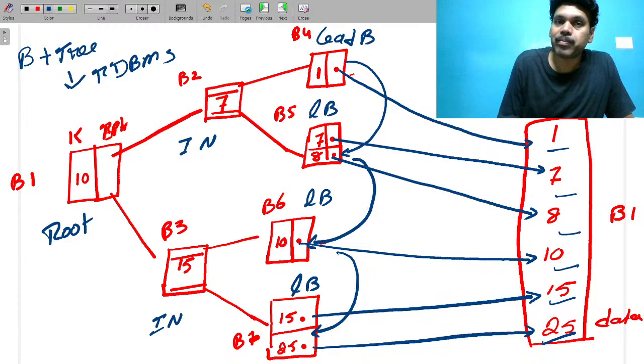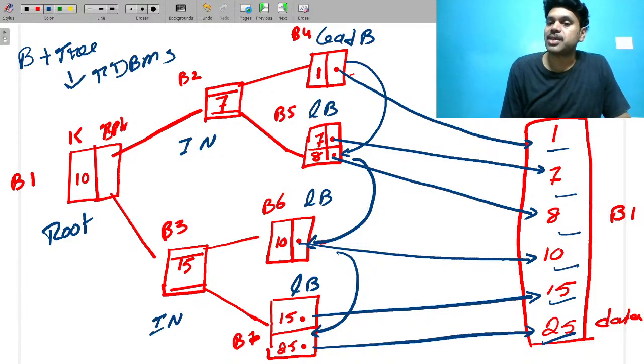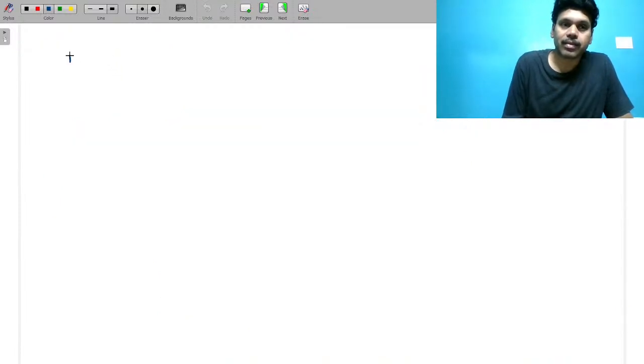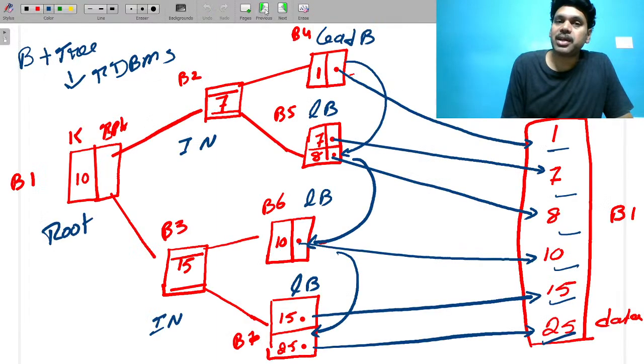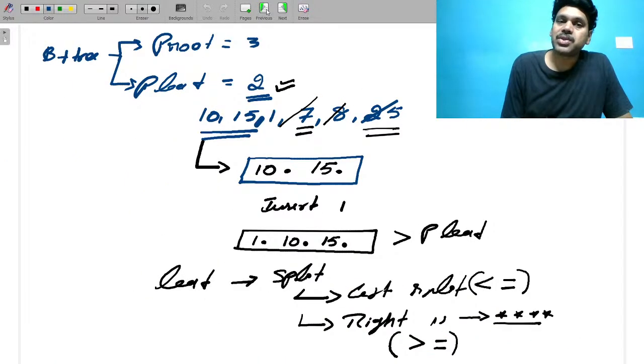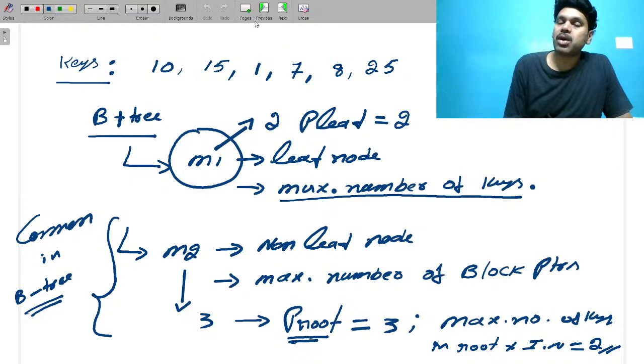Observe carefully. Your keys are 1, 7, 8, 10, 15, 25. You may insert them in a mixed order, but the B plus tree is going to convert them into proper order, no doubt.